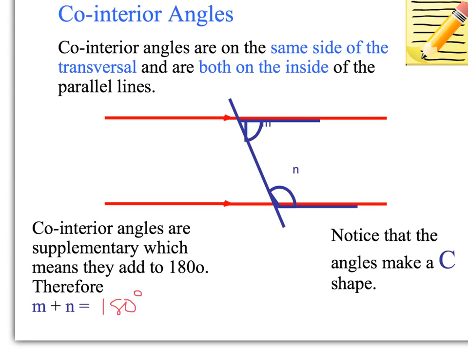Alright, so the shape for this one makes a C shape. This is the shape here. That's the symbol that you need to remember when doing your working out for co-interior angles.